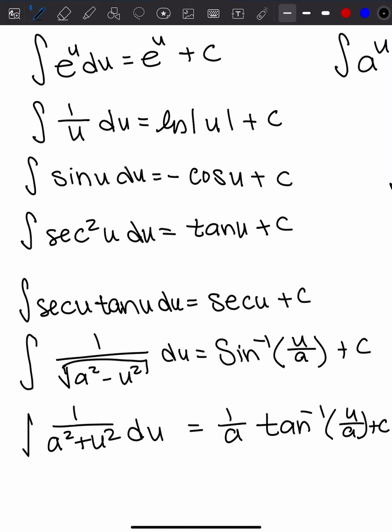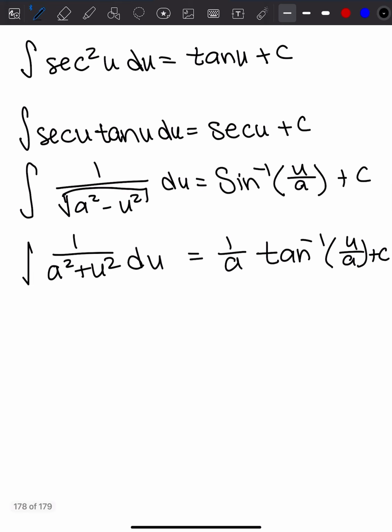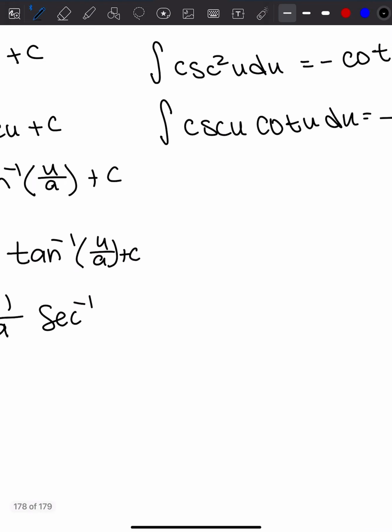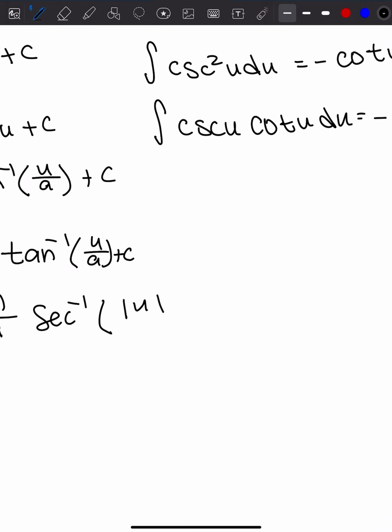And then the last one that we're going to be talking about is the integral of 1 over u times the square root of u squared minus a squared, so 1 over x times the square root of x squared minus some number squared du. This is secant inverse. So we have 1 over a secant inverse of the absolute value of u divided by a plus c.